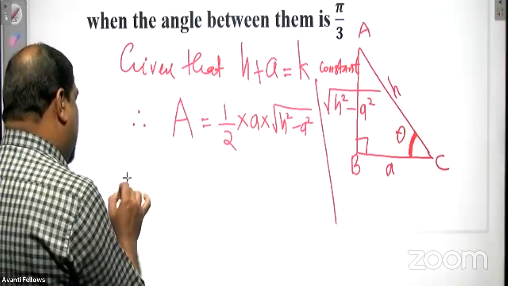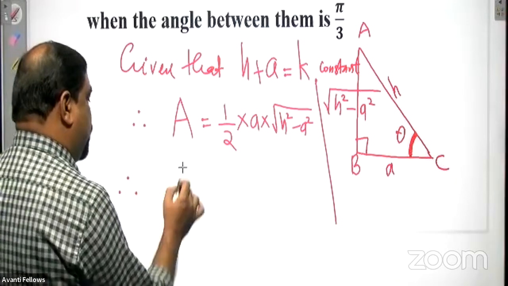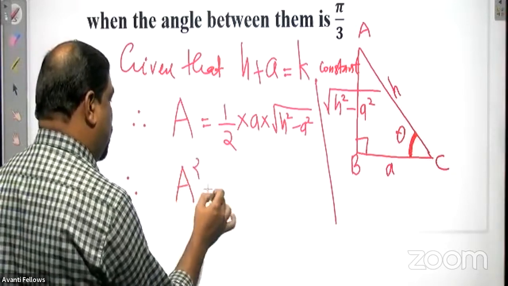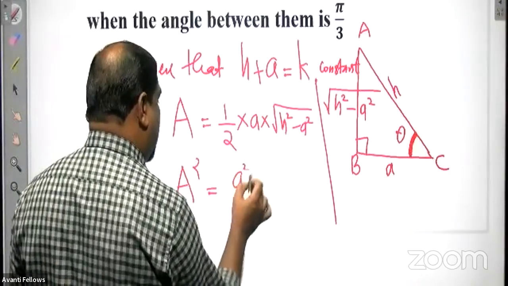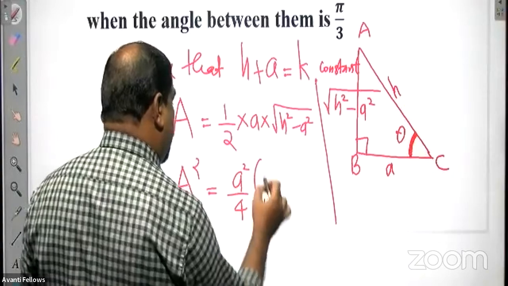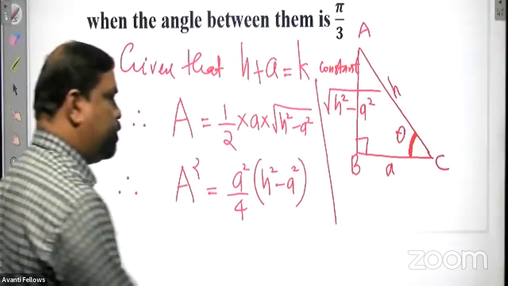So in place of A, I will take A square. S square equal to 1 by 4 A square into H square minus A square.